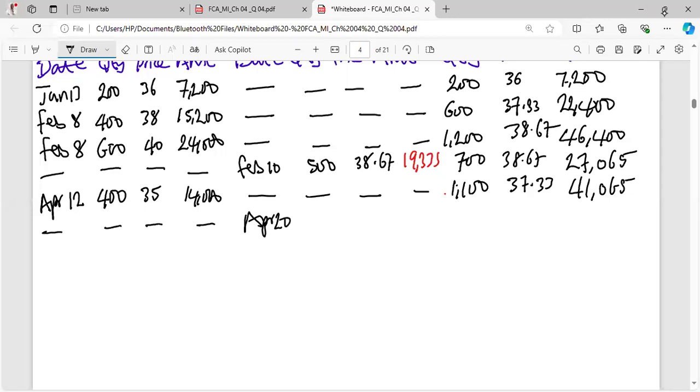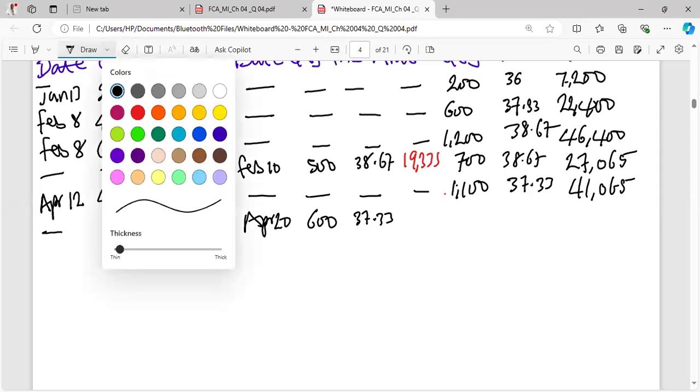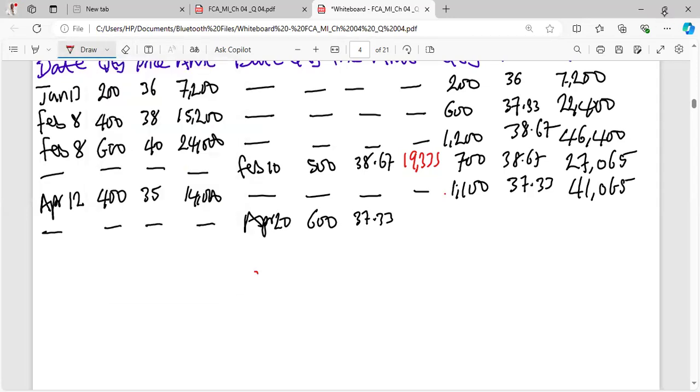After April 12, we have April 20. April 20, we had 600. Of course, it will be at 37.33. So we'll now have a figure.